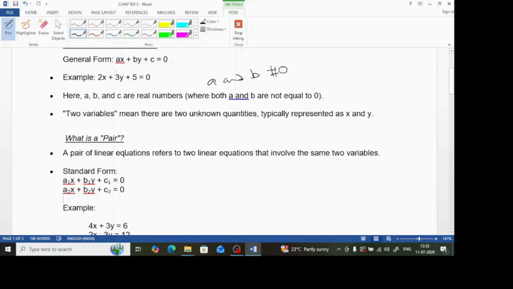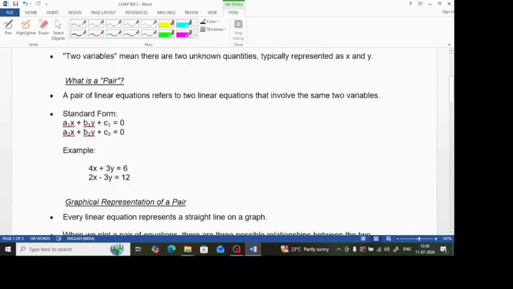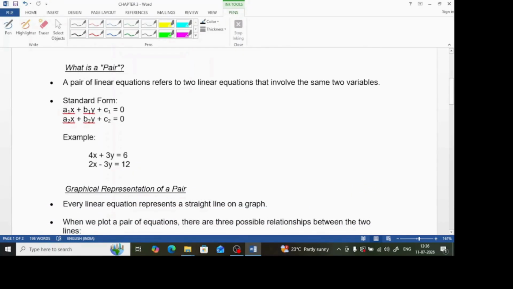A pair of linear equations refers to two linear equations that involve the same two variables. Here, a1x plus b1y plus c1 is equal to 0, and a2x plus b2y plus c2 is equal to 0. Let us take another example. 4x plus 3y is equal to 6.